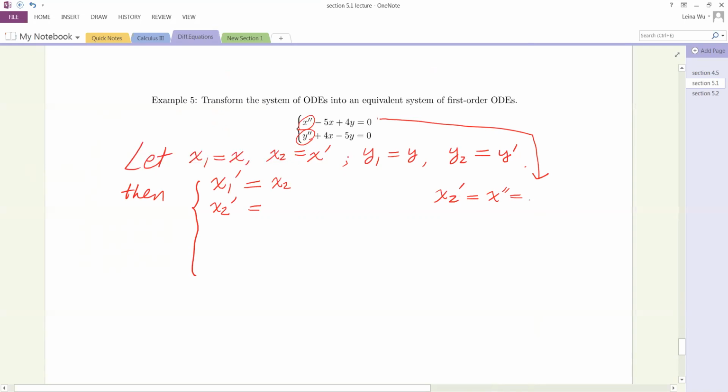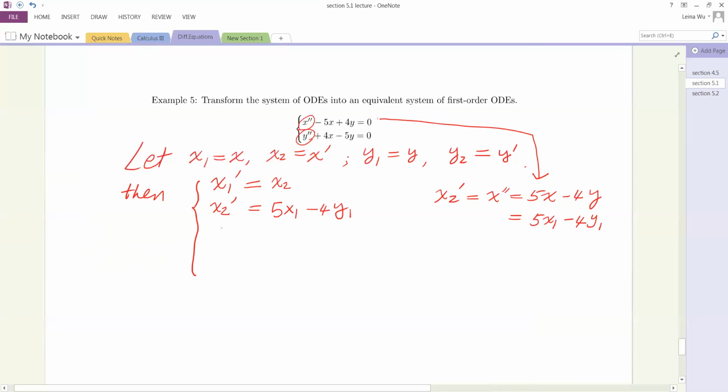It's 5X minus 4Y, right, from the first equation. Would it be 5X or 5X1? Yes, so we're going to replace these X by our new variable, X1, so 5X1 minus 4Y1, right? So we're going to put that in the system equation here. So 5X1 minus 4Y1. Is that good?